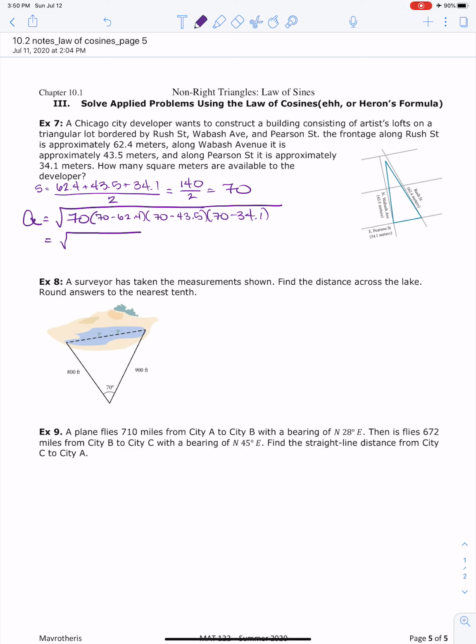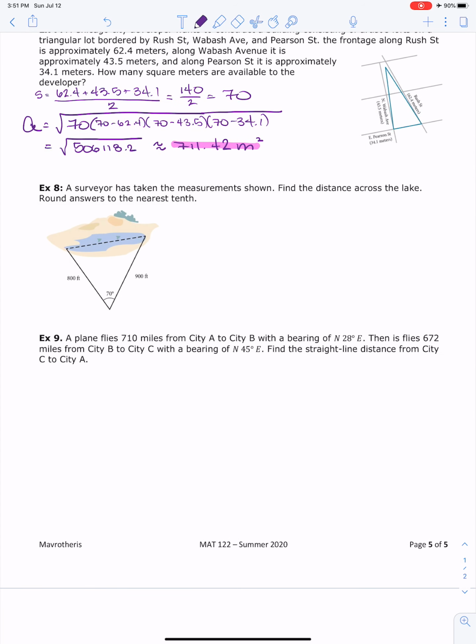We're looking for the square root of 506,118.2. So we've got roughly 711.42, so 2 decimal places, square meters. So make sure that as you read through these, you know what you are being asked for.